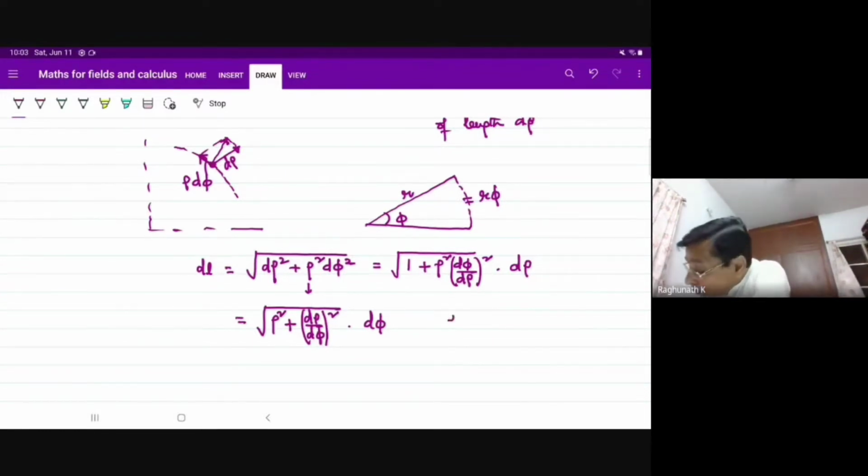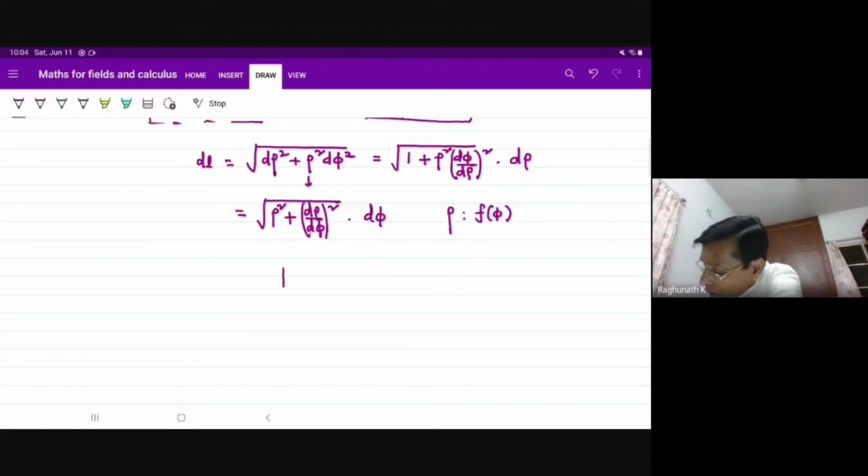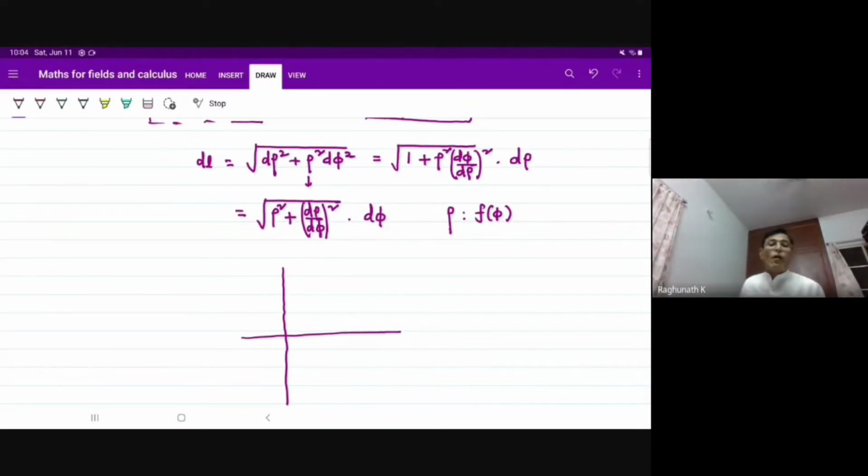Here, rho is written as a function of phi. Together, everything is a function of phi. Rho is replaced with a phi function. There is one thing which we should know for several things: the structure of this particular form.